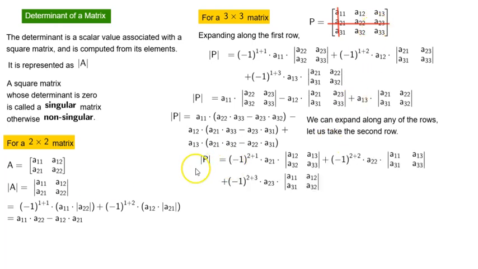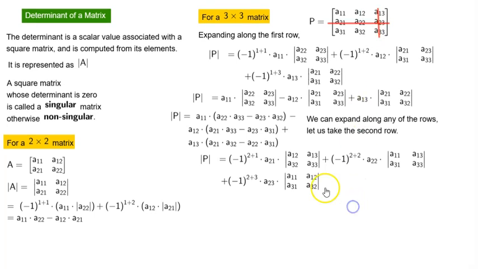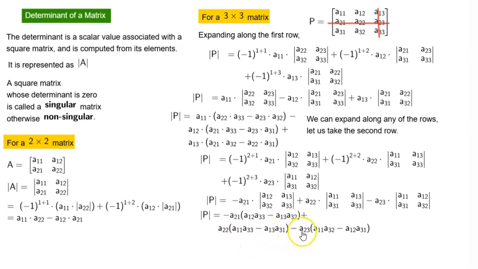So we have the determinant of P is equal to minus 1 to the power of 2 plus 1 times A21 times the determinant of A12, A13, A32, A33, plus minus 1 to the power of 2 plus 2 times A22 times the determinant of A11, A13, A31, A33. And similarly for the next one as well. Simplifying it, we get this, and finally we get.